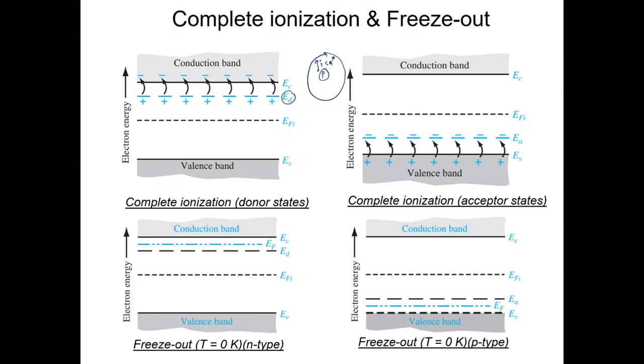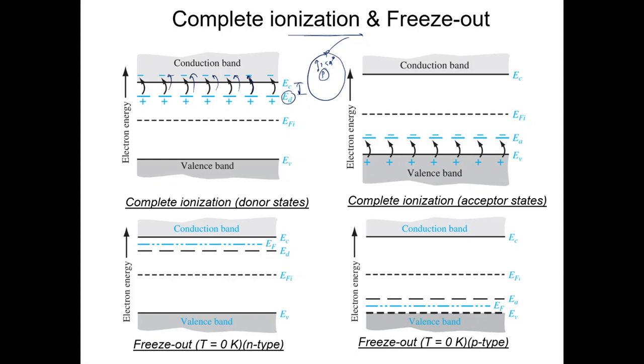If you give enough energy, these electrons will dissipate out and move freely in the crystal lattice. Moving freely in the crystal lattice is equivalent to these electrons moving to the conduction band. So as you give energy greater than this gap, the electrons will move to the conduction band and are available to move freely in the crystal lattice.